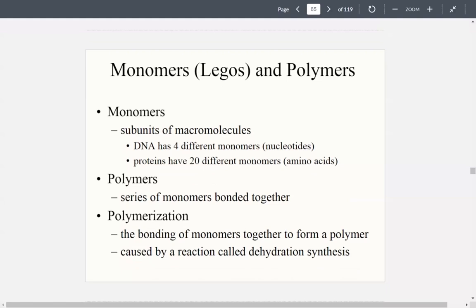Or if I'm talking about proteins, a monomer would be an amino acid: tryptophan, for example, alanine, leucine. DNA's monomer would be something like a guanine, an adenine.